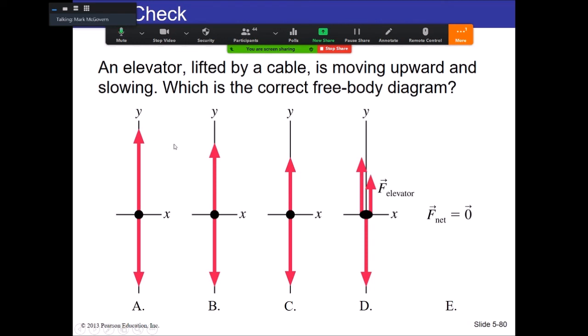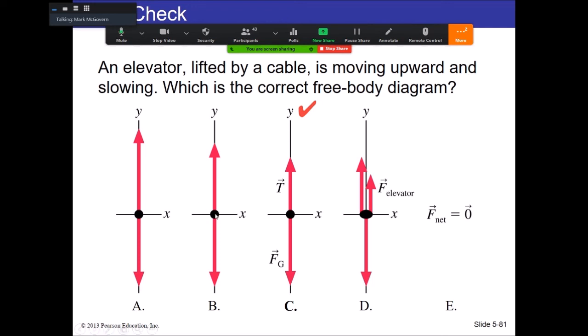If the velocity is upward, then the acceleration must be downward if it's slowing down, which means F net is downward, which means the answer must be C. Tension must be a little weaker than gravity because F net, acceleration is down, and since the velocity is up, that does indicate that we are slowing down.